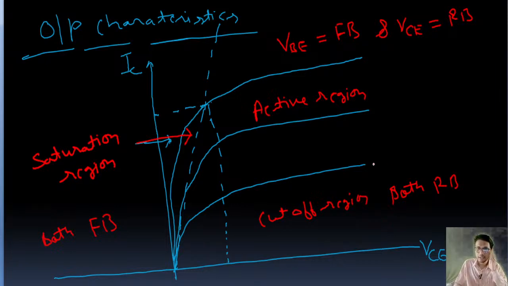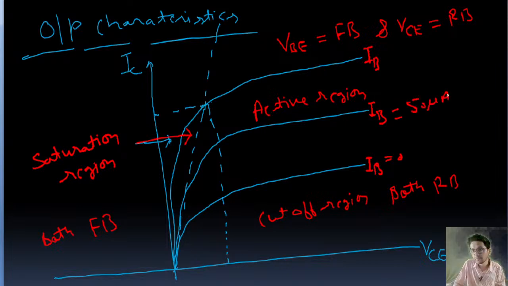Here you need to understand this is the graph between IC versus VCE for common emitter. Also, guys, IB, the base current, is constant. This value is IB is 0 here, IB value is 50 microampere, and IB value is 100 microampere.